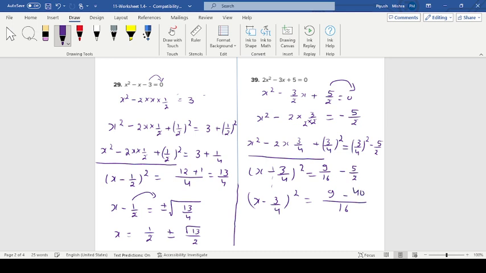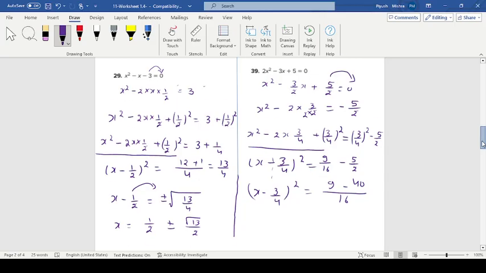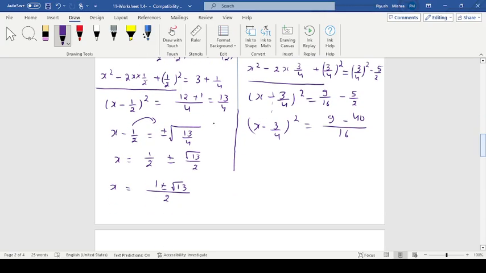Solve it further, so it will give you (x − 3/4)² will be equal to minus 31 by 16, with the minus sign.